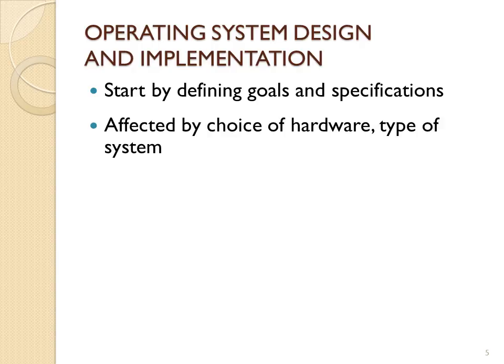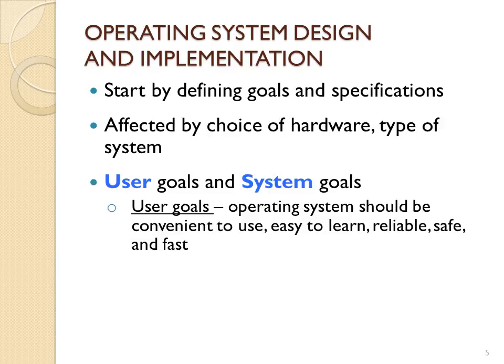And what is the goal of your system? Is your system just a basic computer that people are just going to be doing word processing, or playing interactive games on it, or is it a part of a mobile device, or is it a system that's going to be running an airplane? So all of these things will affect your design specification of your system.